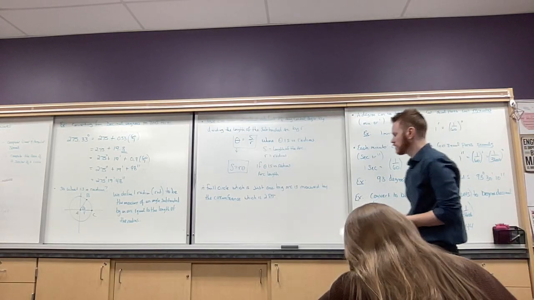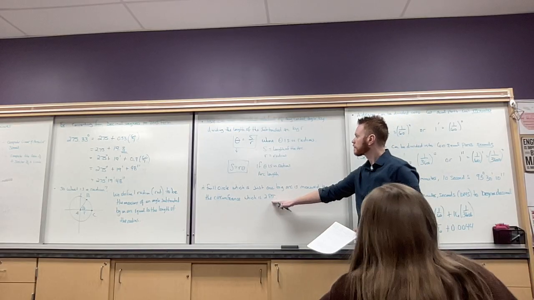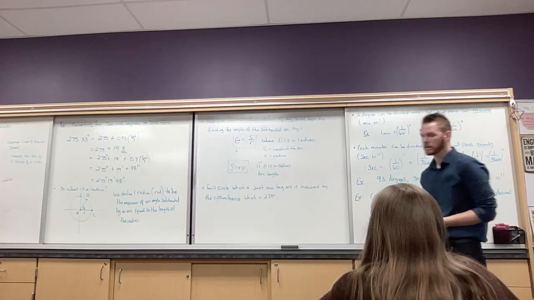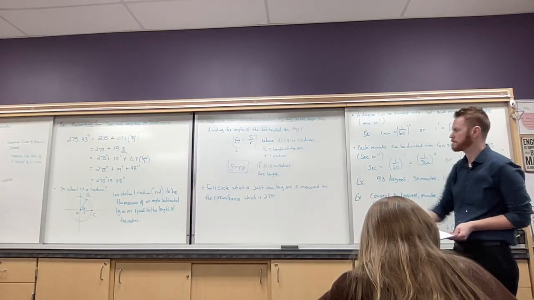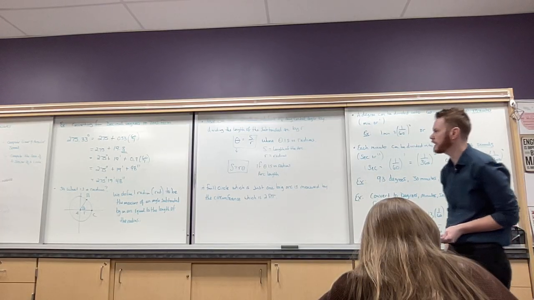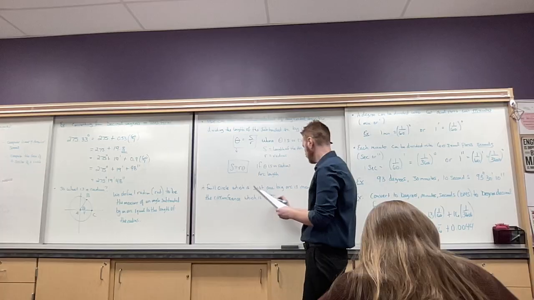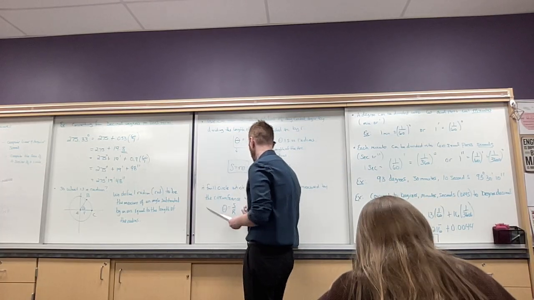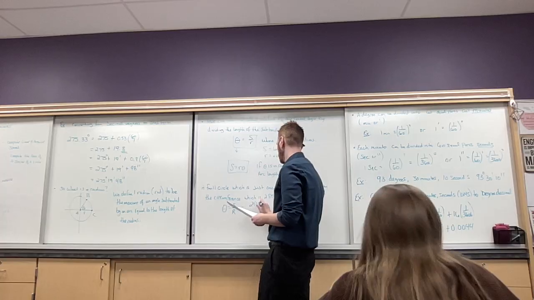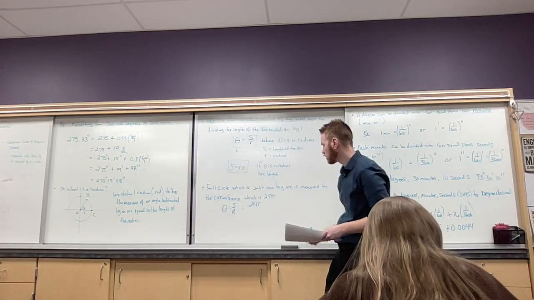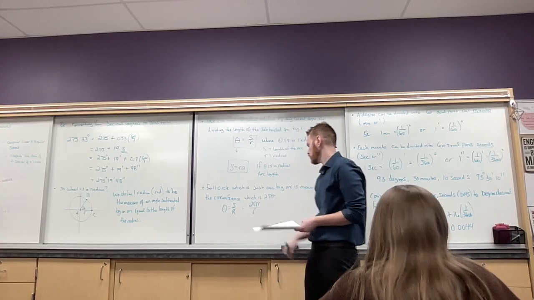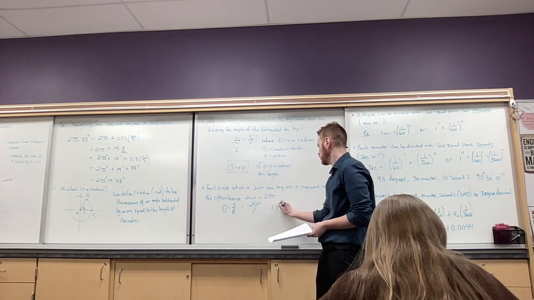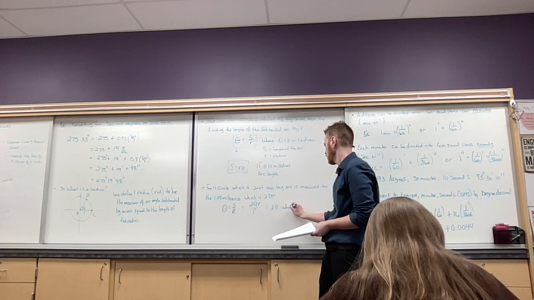So if that's the full arc, if I were to plug into here, I could figure out how many radians a full circle is going to be. So let's do that. Theta is S over r. So my arc is the whole circumference, which is 2 pi r. I'm going to divide it by the radius, which is just r. We can see those cancel out. So it would be 2 pi radians.